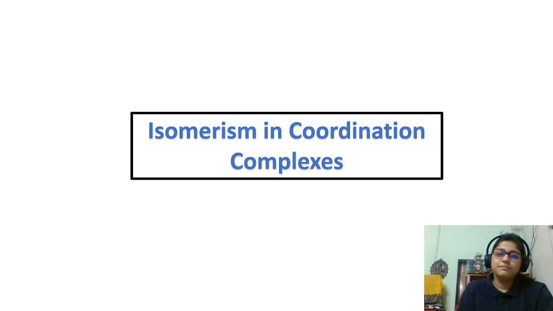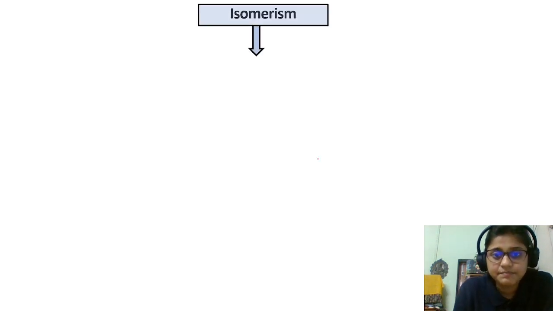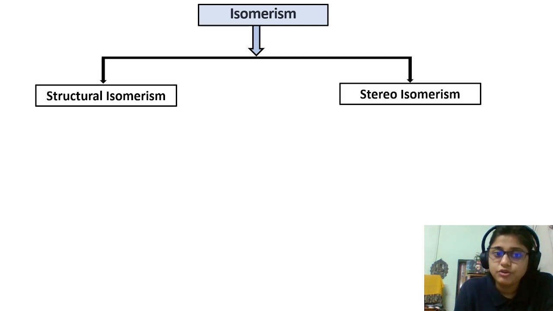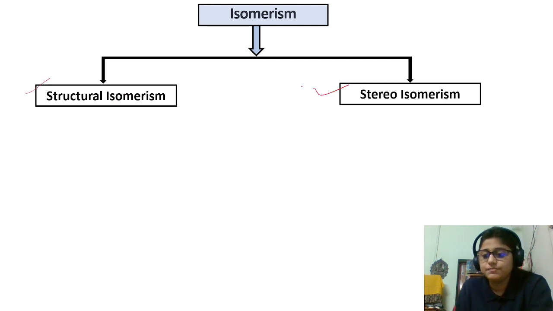Now coming to the important part. This is important from the examination point of view because questions come frequently in the CSIR NET exams. So isomerism in coordination complexes. Okay, let's start. Isomerism. Two kinds of isomerism can be seen in coordination complexes: structural and stereo.